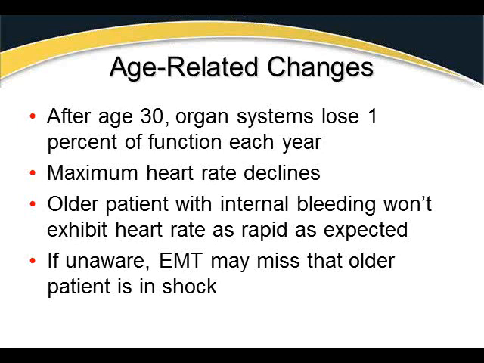In many cases, a person after the age of 30 loses 1% of their body function per year. So by the age of 65, that would put you down to about 65%. So you're roughly two-thirds of what you were in your prime.